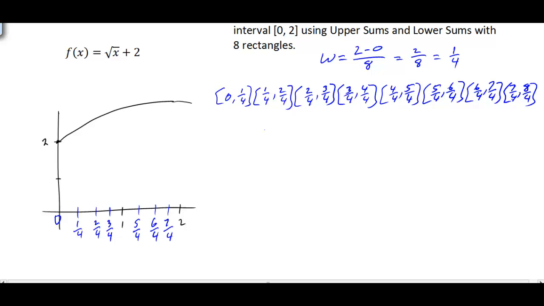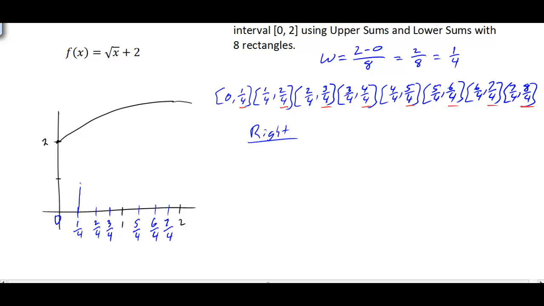And if I'm going to calculate the right endpoints, that means I want to start with 1/4, 2/4, 3/4, 4/4, 5/4, 6/4, 7/4, and 8/4. So if I start here, I'm going to start at 1/4.